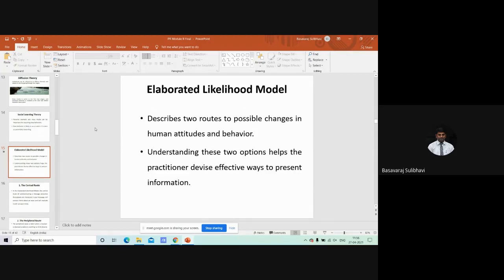But before that, understand that these two types of routes will help PR practitioners have their own device for effective ways to present information. Ultimately, if we come to know how changes happen to human attitudes and behavior, we can develop a communication message and reach them accordingly.